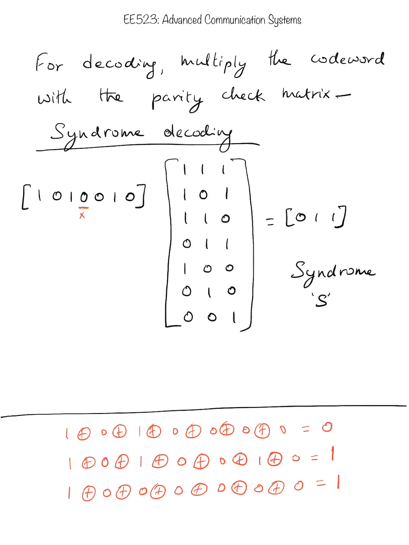But the decoder, through its computation, has determined that there is an error, and by comparing with the rows of the parity check matrix, it has also determined that the error is in the fourth position. Flip that bit to the other value, and you will get back the correct code word. So that way the 7/4 Hamming code is able to detect the error as well as correct the error. Okay, and how does it flip the bit?